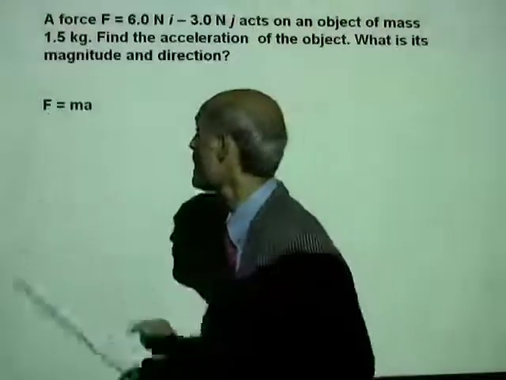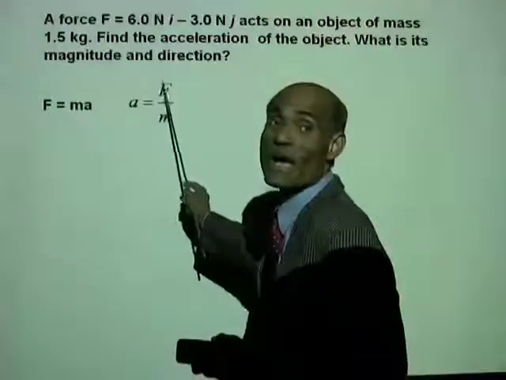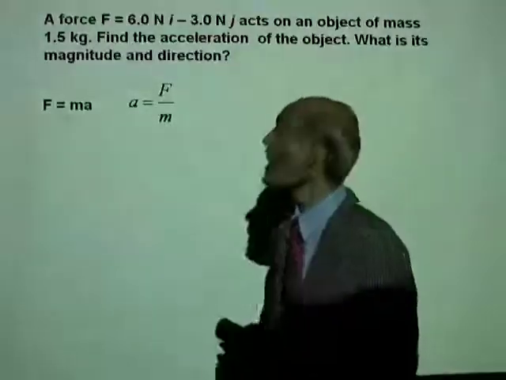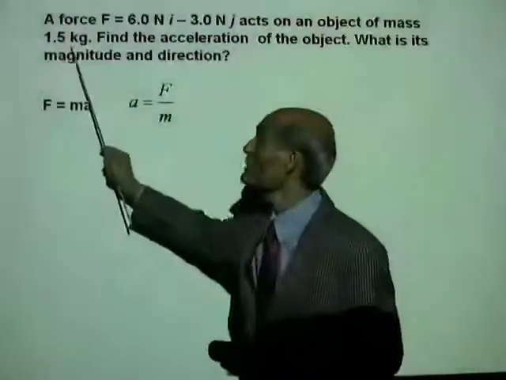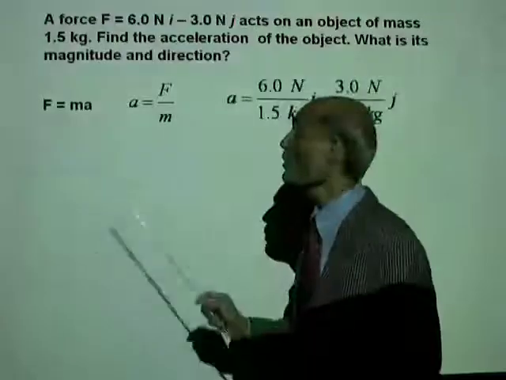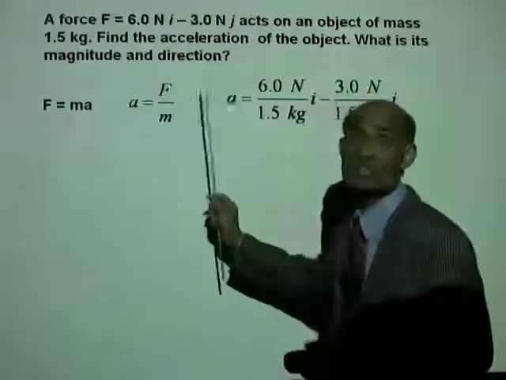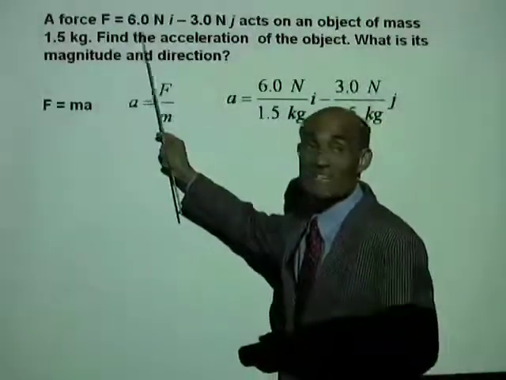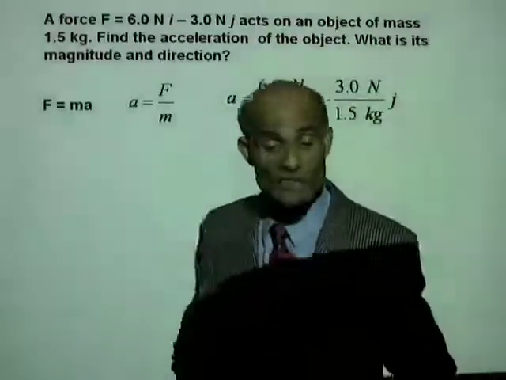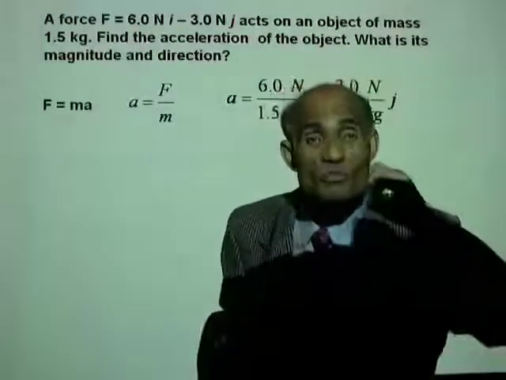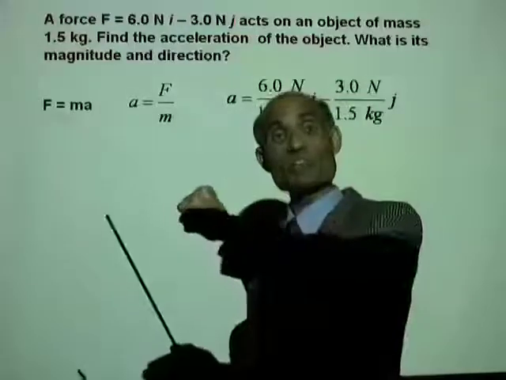F equals ma, therefore, A equals F over m. This is the force and this is the mass. Therefore, acceleration is, you notice that the force has an x component and a y component. The x component of the force will produce an x acceleration.